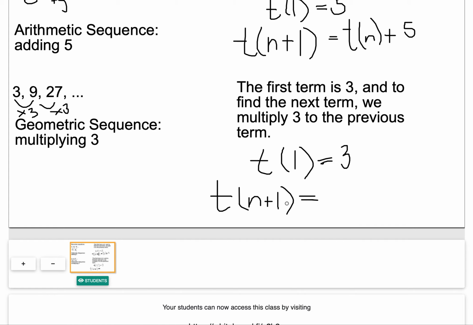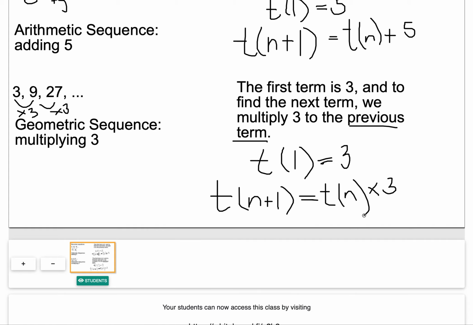So this t of n plus 1 means the next term. And then what are we doing to the previous term? We're multiplying by 3. So I'm going to put times 3, and I'm multiplying that to the previous term. It says right here, to the previous term. So I'm going to represent my previous term right here. And I'm done with my recursive equation.